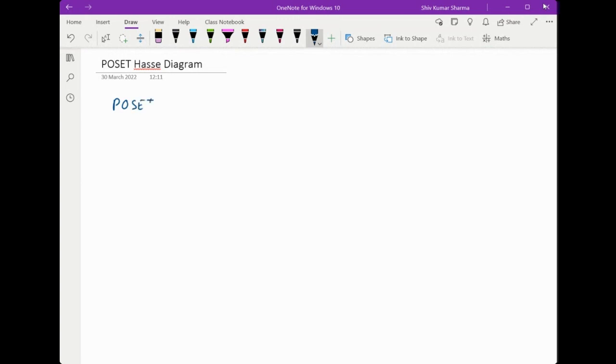In short, how do we write POSET, or partial order set? Partial order set.